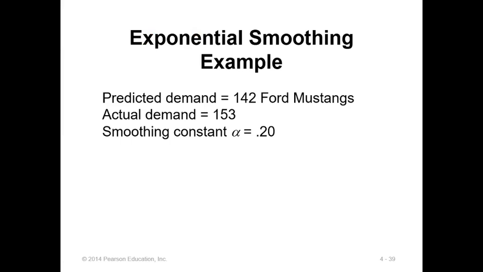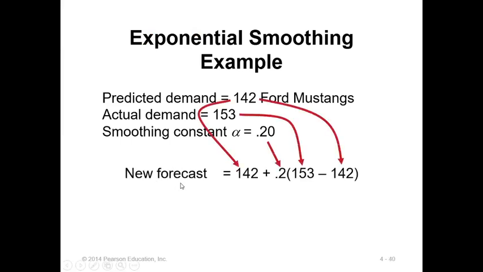Our new forecast will be for the month of March. So according to the formula, if you still remember, it equals the forecasted value for February plus alpha, which is 0.20, given here as the smoothing constant, multiplied by the difference between the actual and the forecasted value for the month of February.